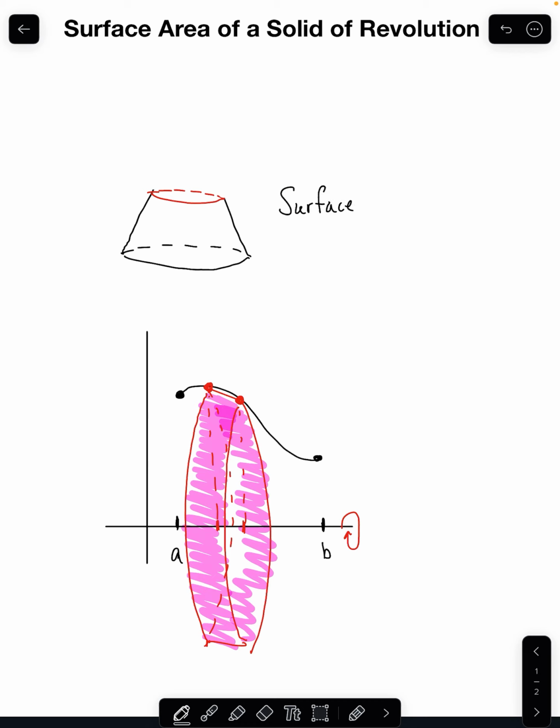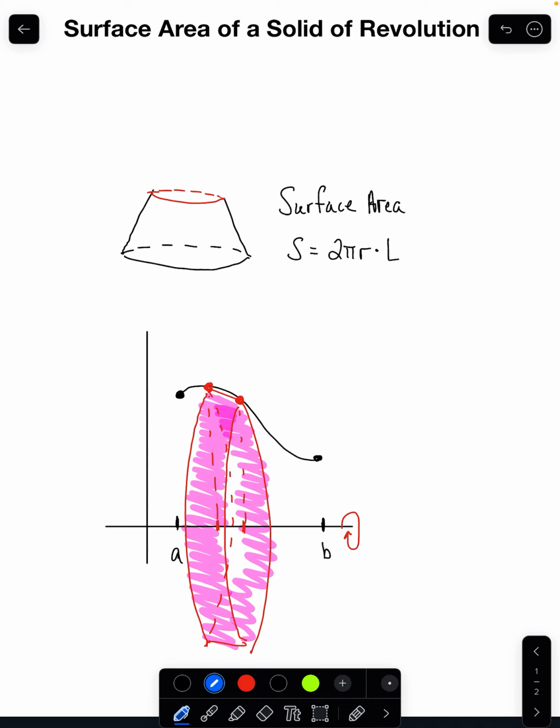The surface area, not counting the circular faces, is given by S is equal to 2 pi r times L, where L is the slant length, the slant height, if you will.